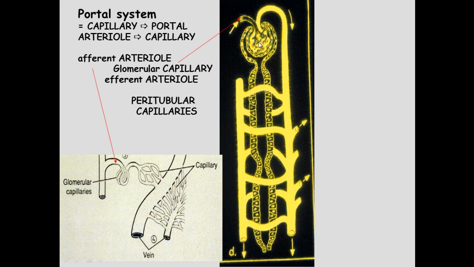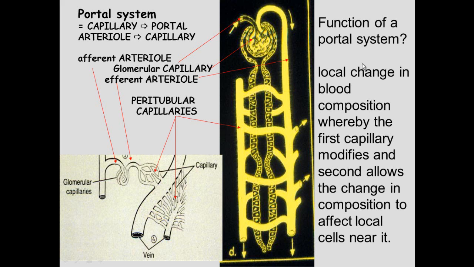So you see the afferent arteriole, the first capillary network, and then the efferent arteriole, and then the peritubular capillaries. And remember, the portal system causes a local change in blood composition whereby the first capillary network modifies the blood and the second capillary network benefits from the changes by interacting with cells nearby.